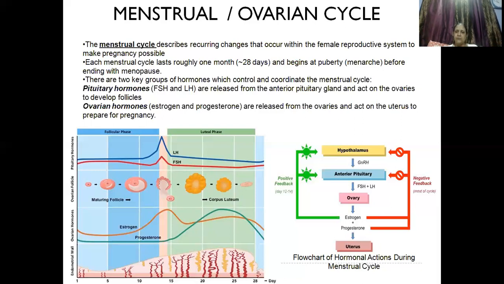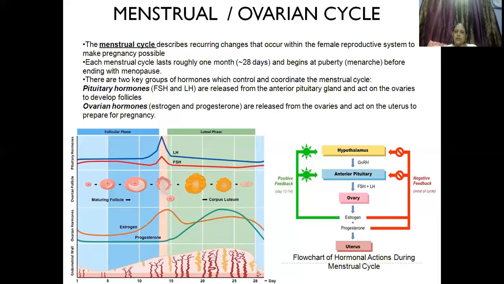So in a female body, every 28 days this cycle is repeated month after month. Okay, clear?